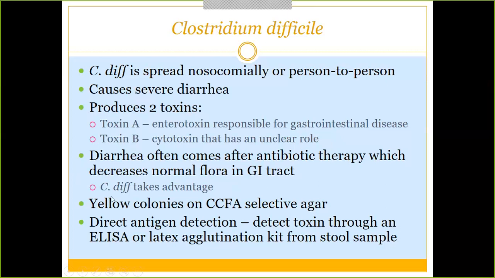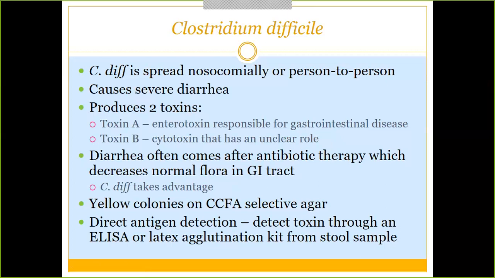So a lot of times labs will just have a kit on hand that they can test the stool for this toxin and determine if somebody's positive or negative that way. A lot of times we do a kit because it's quick, it's easy, and if somebody does have C. difficile in the hospital or nursing home, they need to be put into isolation. We can't have this continuously spreading because it is so quickly spread.